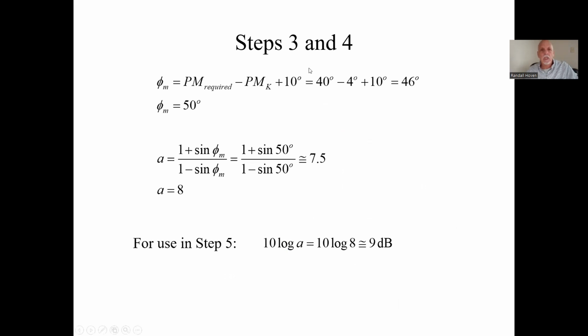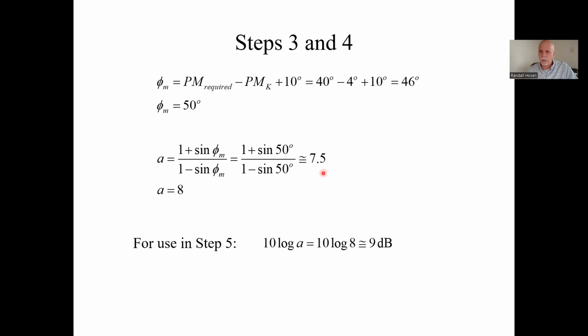From that 40 degrees of required phase margin, here's the formula for calculating the phi sub m, how much our controller needs. I guess that was a 4 degree phase margin. That comes up to 46 by our formula. Bump it up to the nearest 5 degrees. I get 50 degrees.